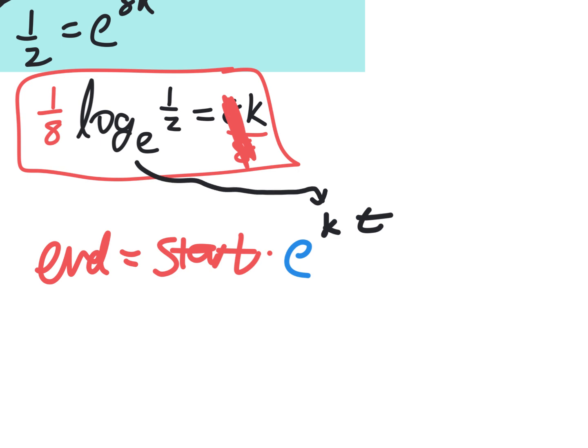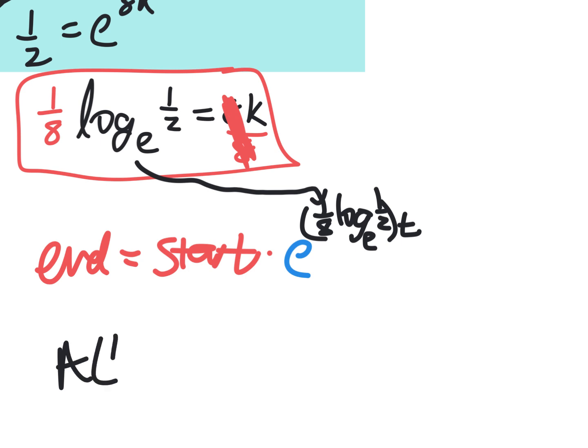So I'm going to erase this k, maybe move the t over a little bit. And here's 1/8 log base e of 1/2. Our A of t is short for amount. Does that make sense?